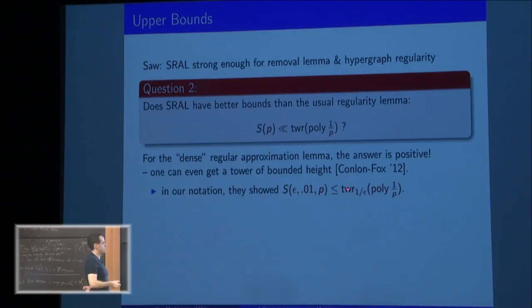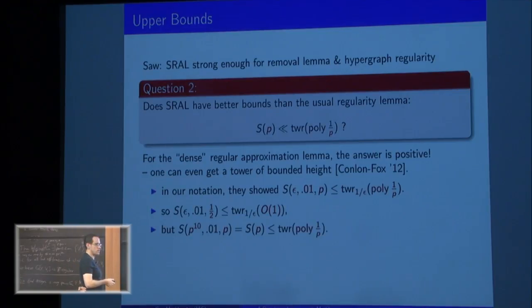So it's a tower of height polynomial in 1 over p, where you have 1 over epsilon at the top. So if p is 1/2, say, an absolute constant, then this is a very nice bound. You get a tower of constant height with 1 over epsilon at the top. But for the setting that we need, where the density of the graph is some parameter p, the bound that I give for S of p is still a tower of height polynomial in 1 over p, unfortunately.